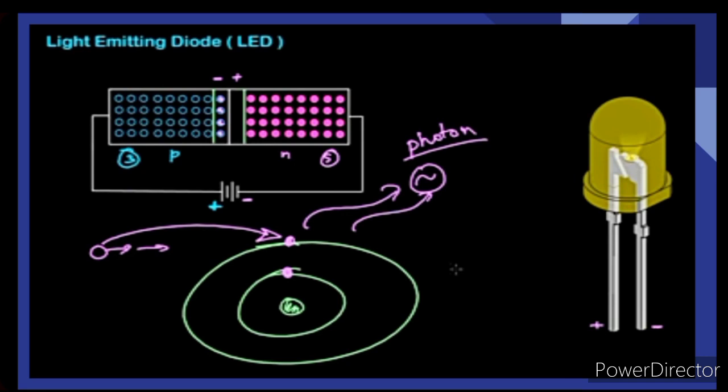In a similar way, holes from the P side recombine with electrons in the depletion region. Because of the recombination of free electrons and holes in the depletion region, the width of the depletion region decreases. As a result, more charge carriers will cross the PN junction.